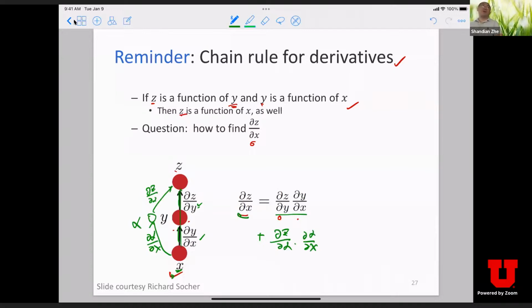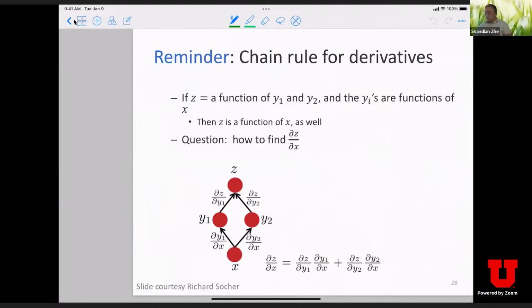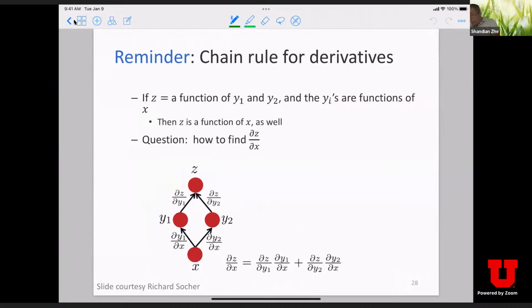So this graphical illustration obviously is even more intuitive, right? Any questions so far? I guess everyone is comfortable with that, right? Okay. So actually this is an immediate instance of multiple paths, right? If z is a function of y1 and y2, and both y1 and y2 are functions of x, if you want to compute partial z over partial x, you're going to enumerate two paths, right?